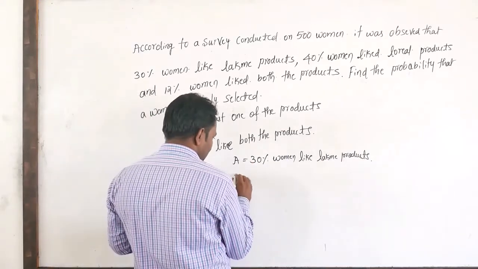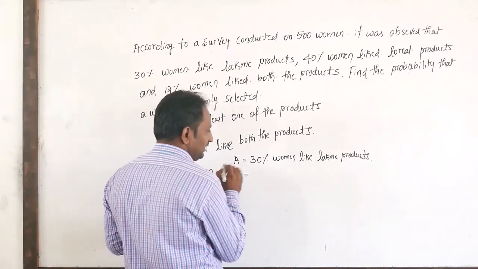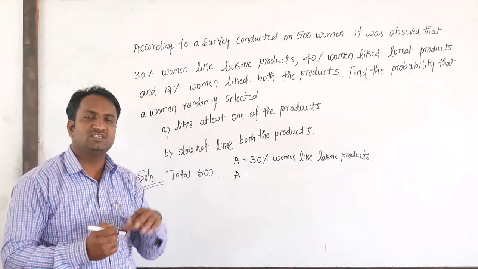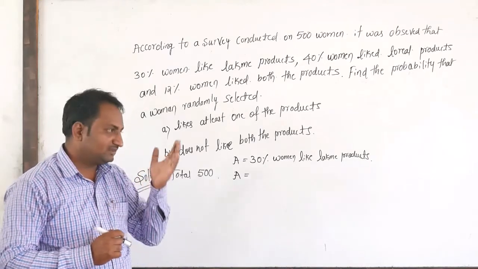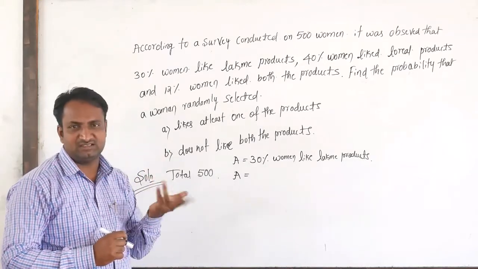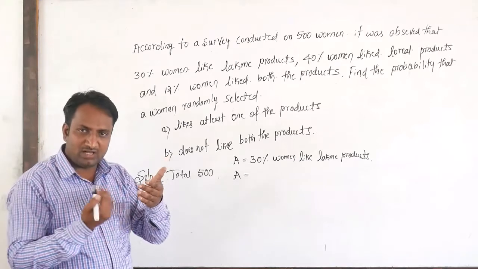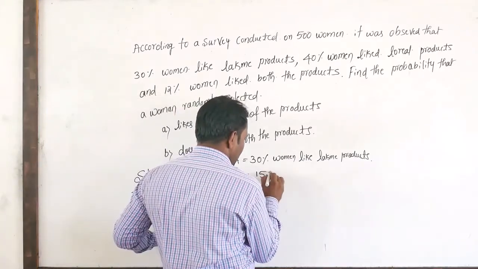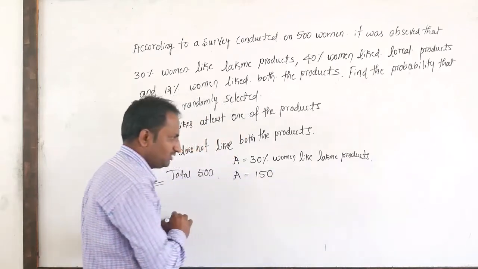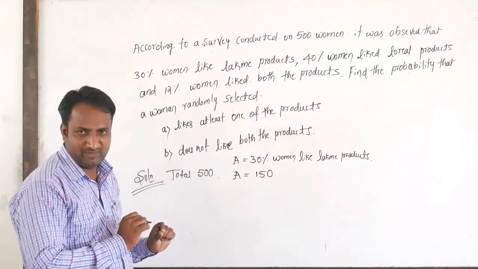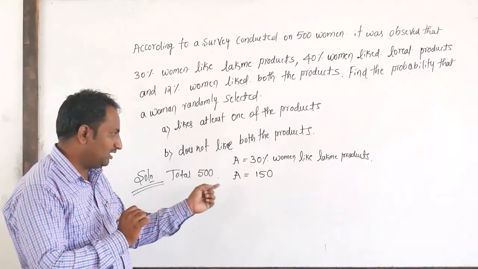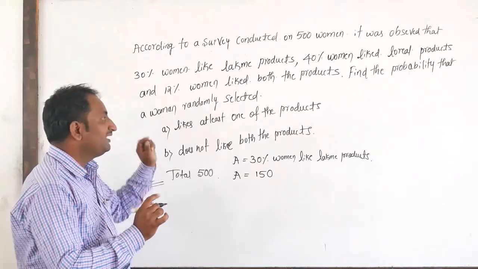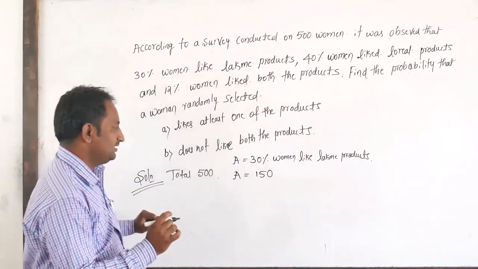A is equal to 30% of 500. Suppose we consider 1000; 30% of 1000 is 300, so 30% of 500 is 150. Here 150 women belong to event A, who like Lakme products.